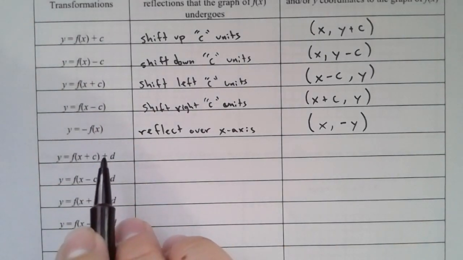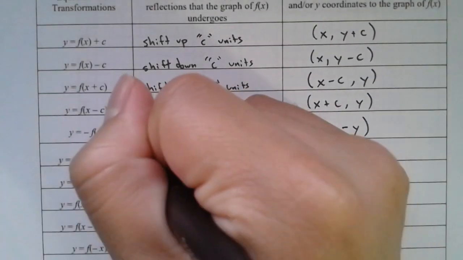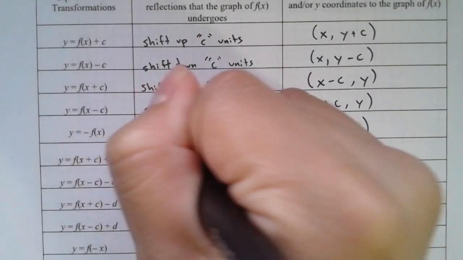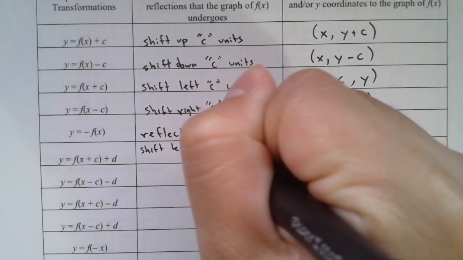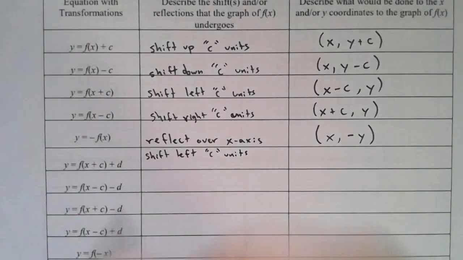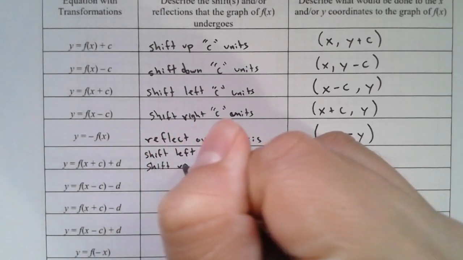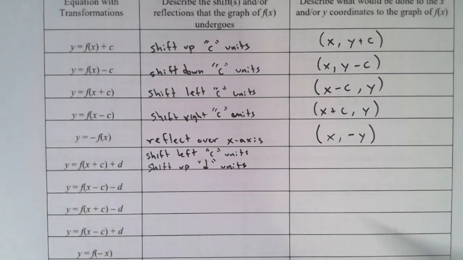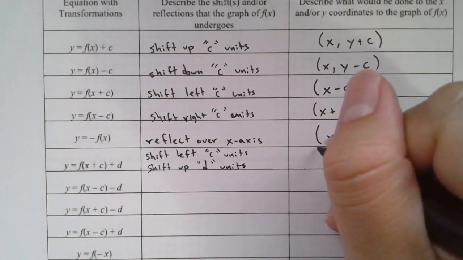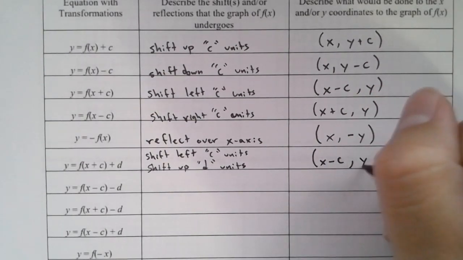Right here, because you have a positive c, you shift left c units, and then the d is shift up d units. So this would be shift left, so x minus c comma y plus d.